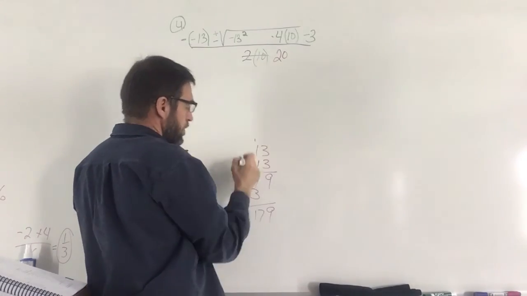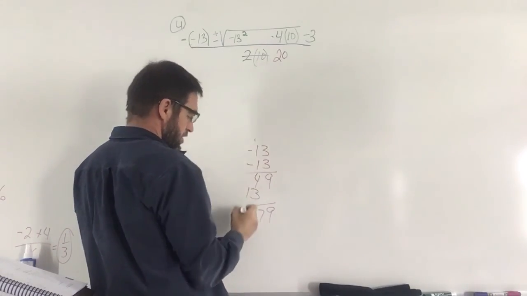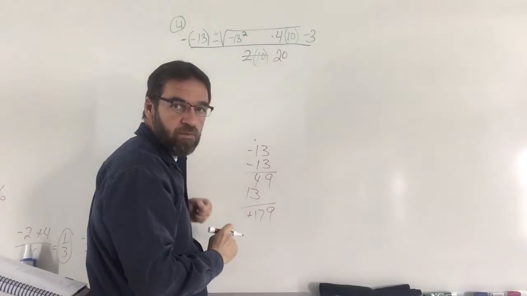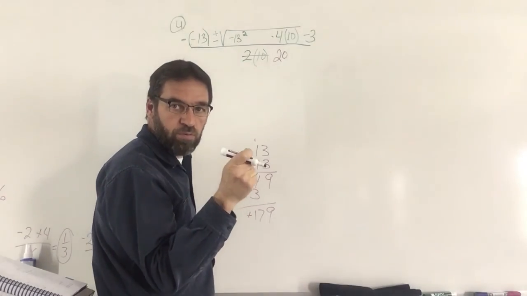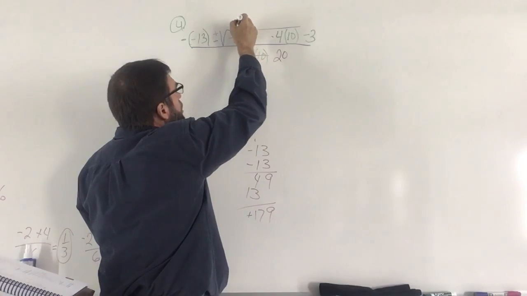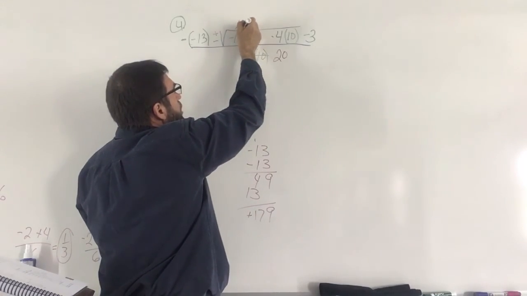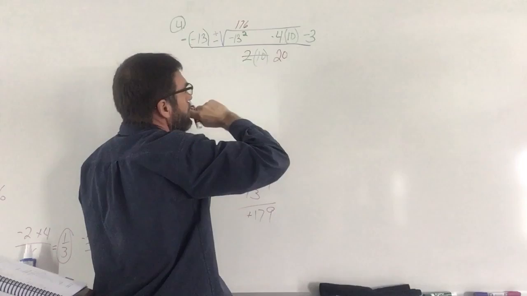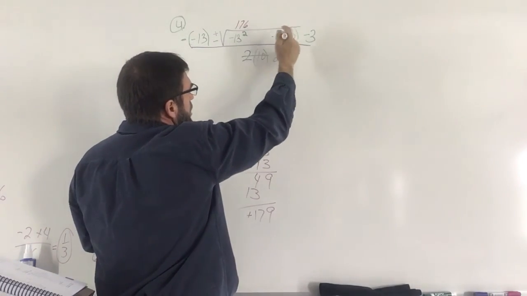Okay, and a negative times a negative makes a positive answer. Are you agreed with me? Positive 179? I think so. So we're going to put 179. That okay?